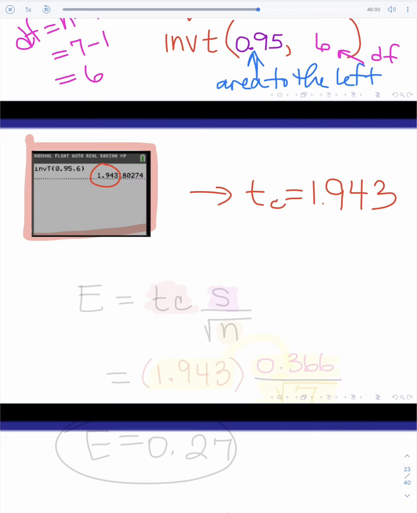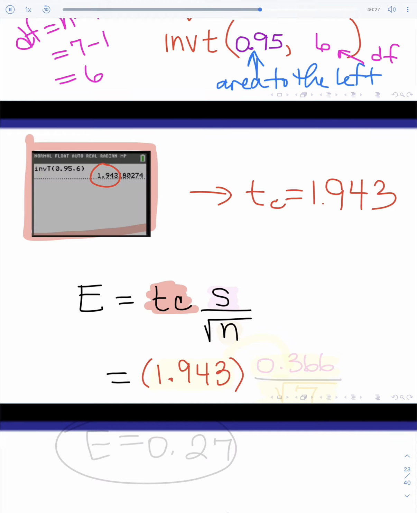So remember, the point of finding this t sub c, this critical value, was to find the error formula and have all the values for that, which started out with the t sub c, the s over the square root of n. Well, now we have that the t sub c here is, we just found it was 1.943.